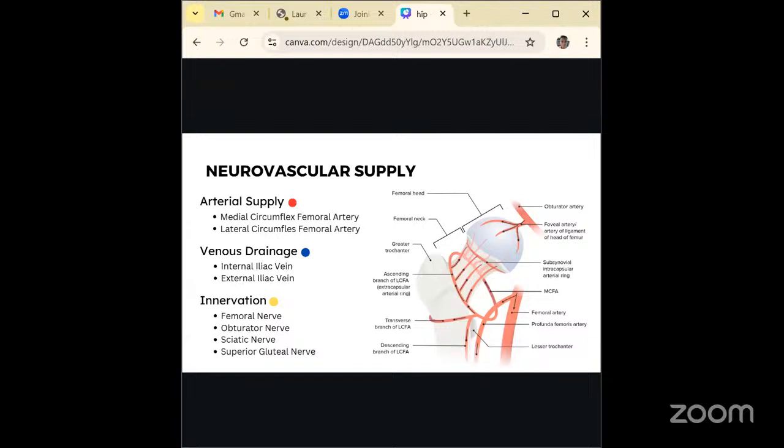Okay. Now, these two iliac veins, do you know the veins that originate them? Maybe you want to check. I want to check it out.